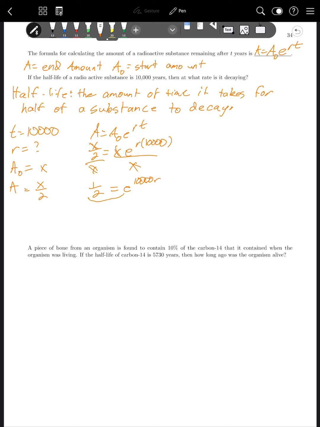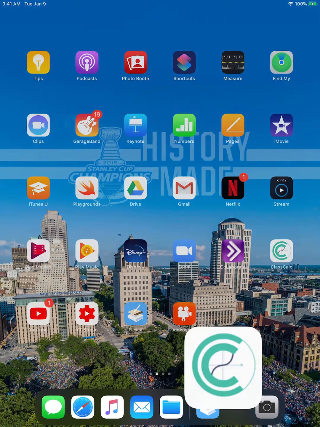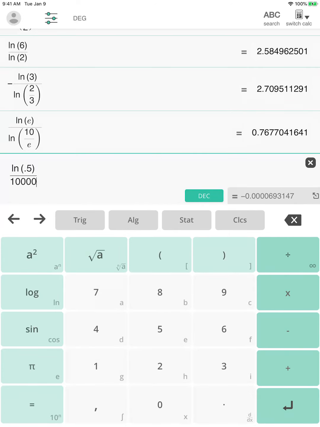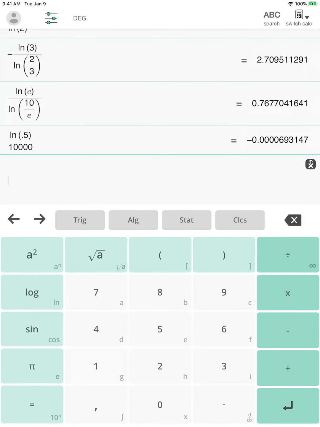So now we can get rid of the e by moving it over here as the base of a logarithm. So the natural log of 1/2 equals 10,000 r, and then we can divide by 10,000. So r is going to equal the natural log of 1/2 over 10,000, which in this case is negative 0.000069.